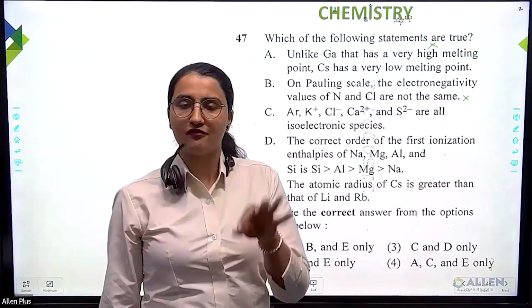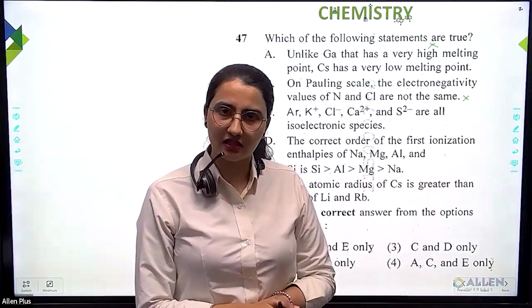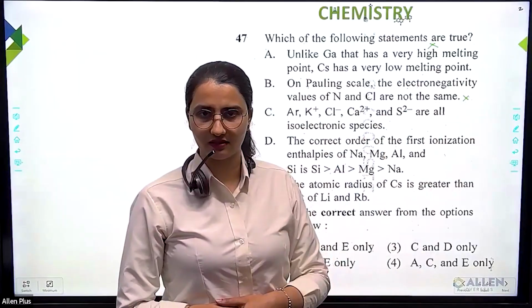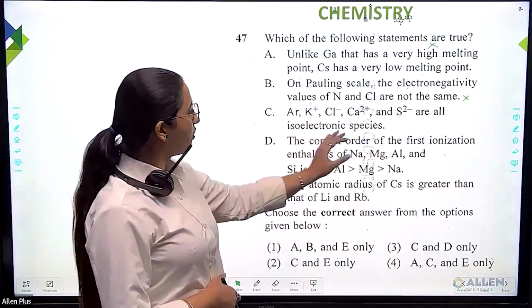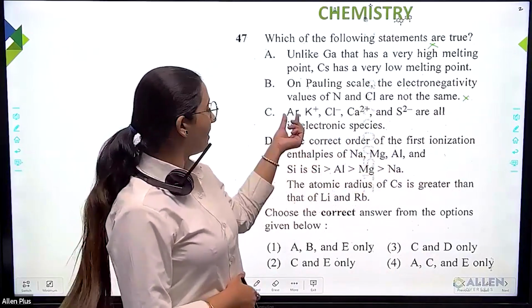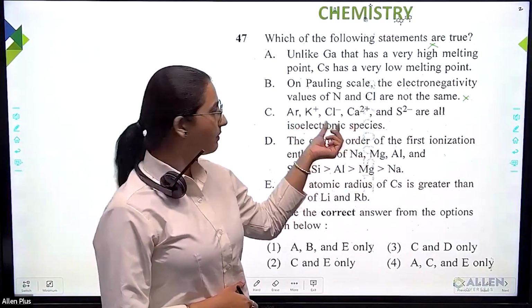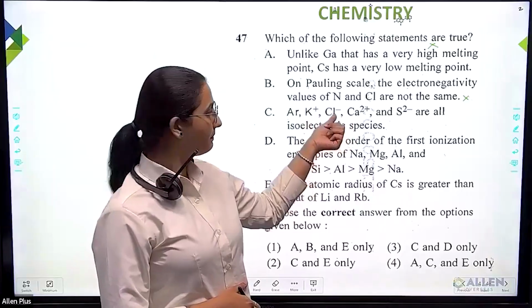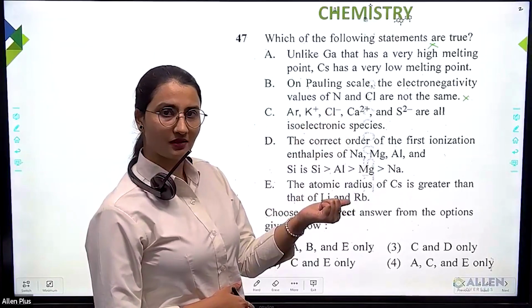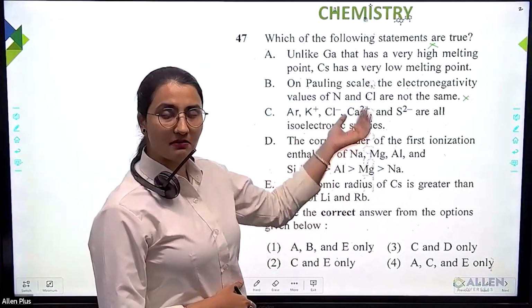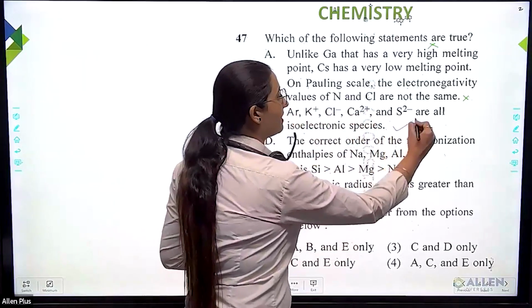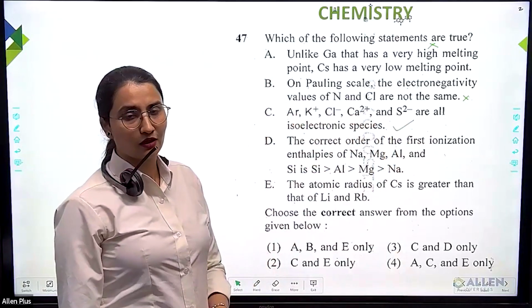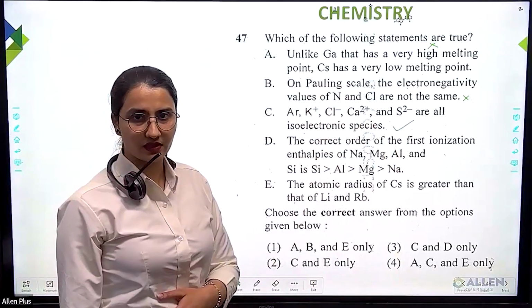Almost the same. If N has electronegativity 3, Cl is also around 3. It's as per NCERT, right? So it's wrong. Next, they are all isoelectronic, correct? Argon, atomic number 18, potassium 19, but plus 1 means 1 electron lost. Cl 17, minus 1 means 1 gained. So all have the same number of electrons. So this statement is apt, right?